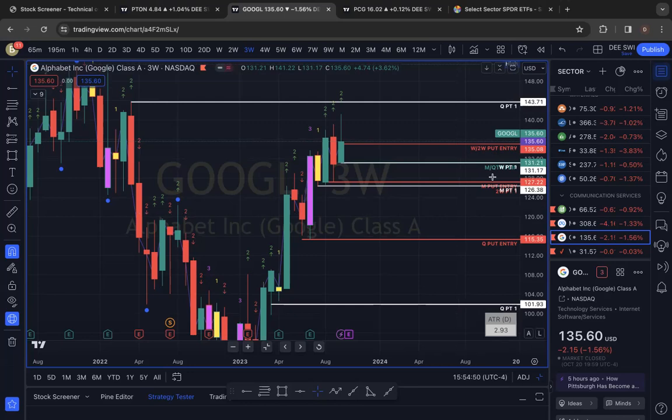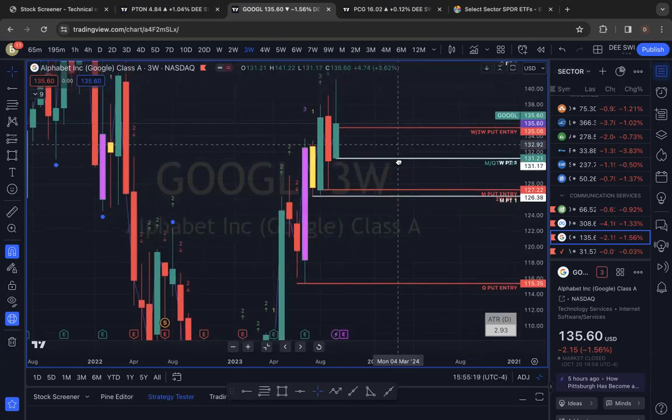Or if I'm only looking for the weekly price target, I know that the 2 week price target is down here, so it has to pass my price target to get down there. That gives me extra confidence, as a weekly or daily participant, that the higher time frames are trying to take it even past where I want to take it. So this is high probability.